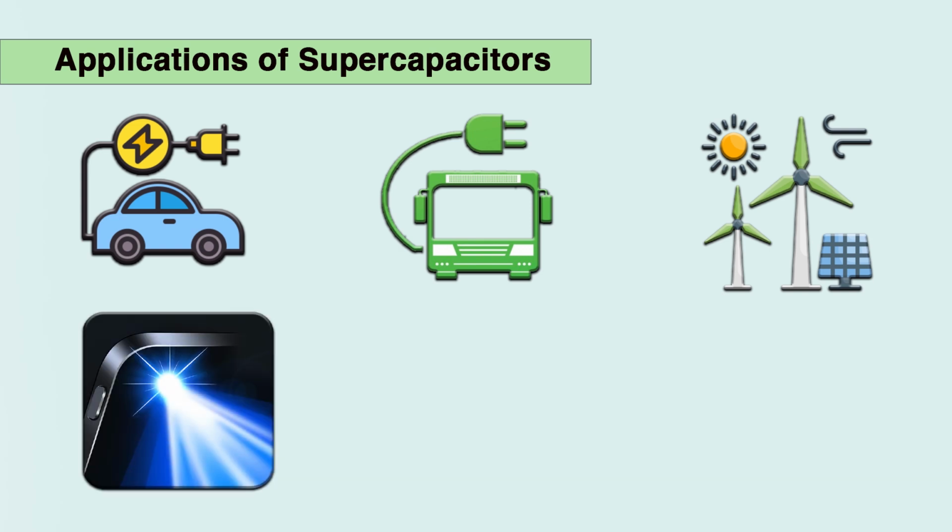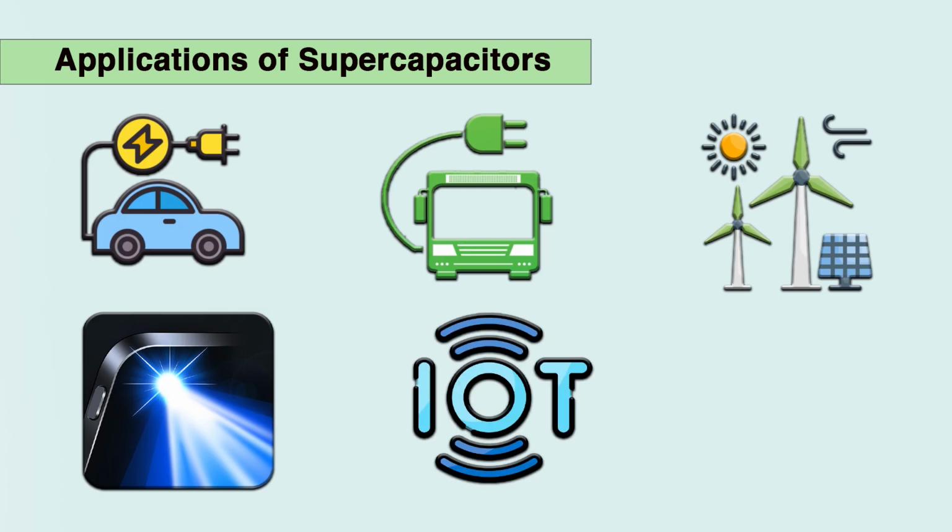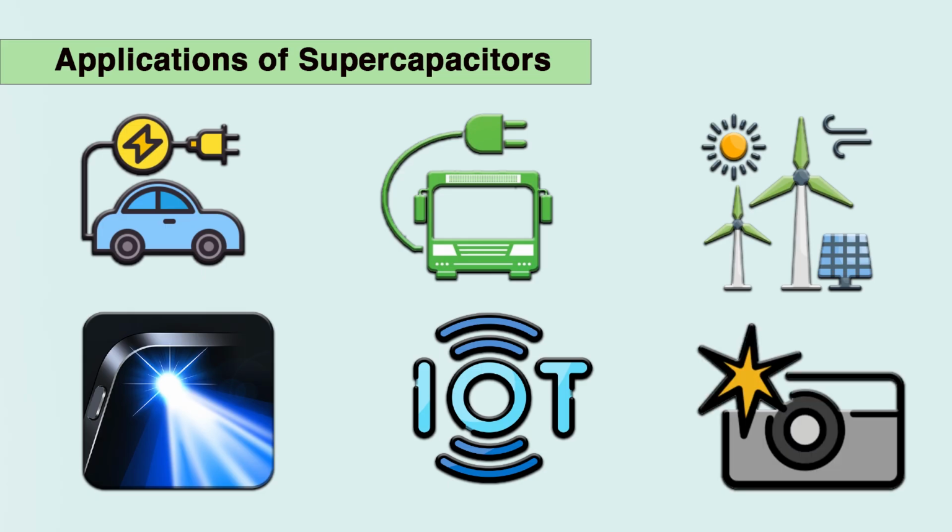If we talk about supercapacitor applications in consumer electronics, then it is extensively used in camera flash, and also it can be used for IoT devices and for a DSLR camera or normal digital camera. It can be used for the flash.